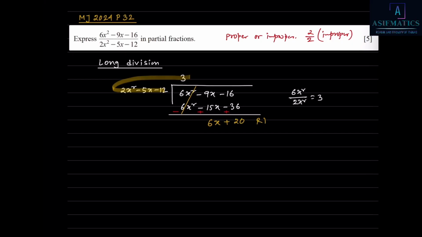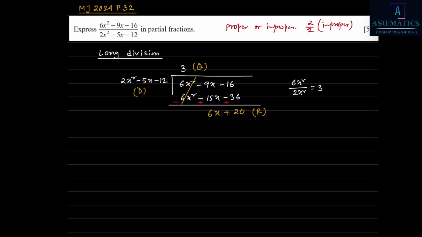So this is your remainder value. This is your quotient value. And here is your divisor. Okay. Now we know how to write the mixed form.